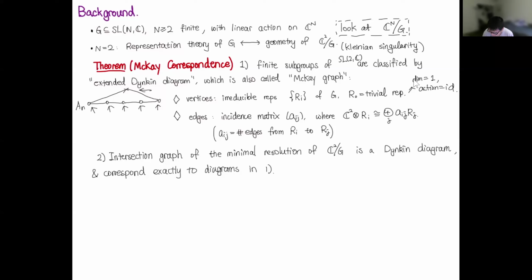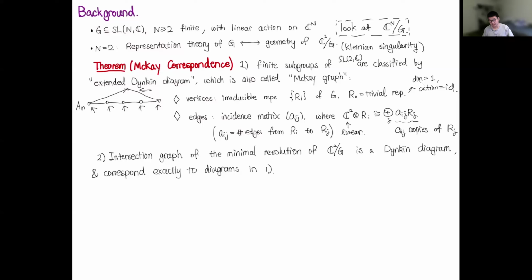So it's just trivial. And the edges are given by the so-called incidence matrix, where if you look at the linear action on C^2 of this finite group, and you tensor with any such irreducible representation R_i, you will get a direct sum of A_ij copies of R_j.